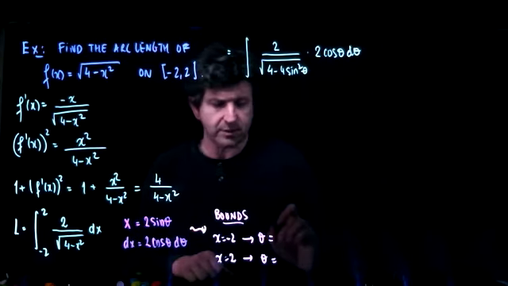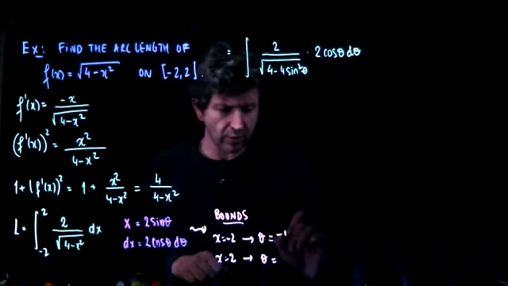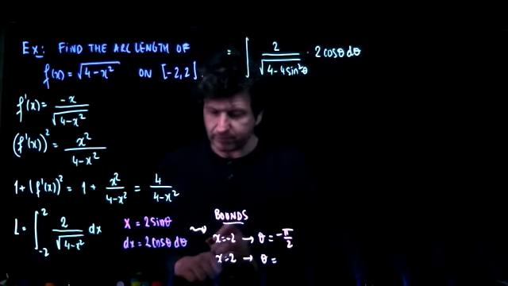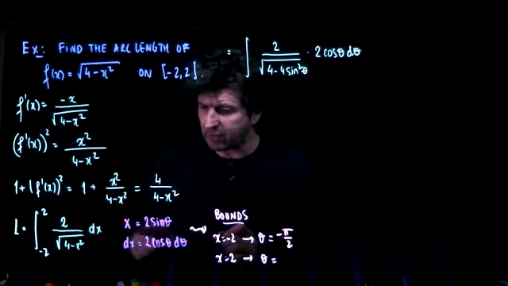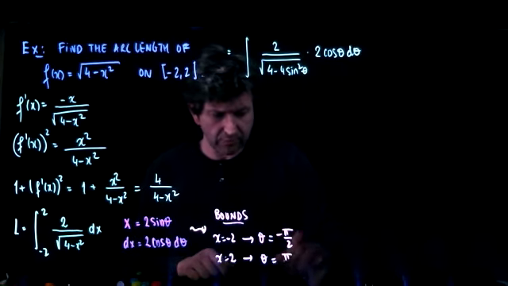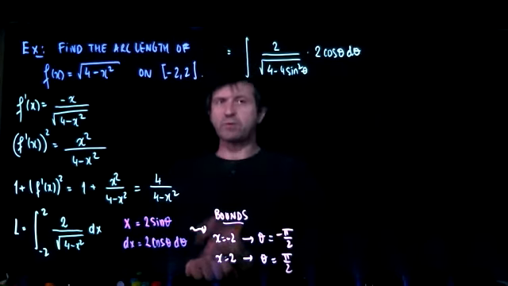So when is the sine equal to negative 1? When we're at negative pi over 2. And if x is 2, the sine of theta is 1 at pi over 2. So these are my bounds.